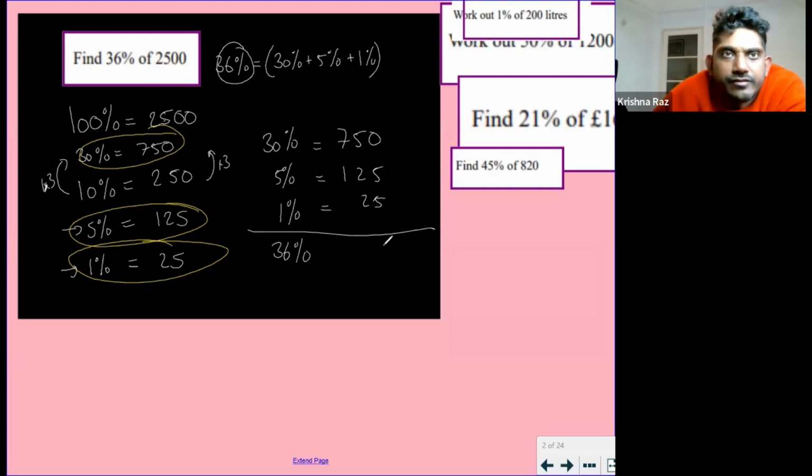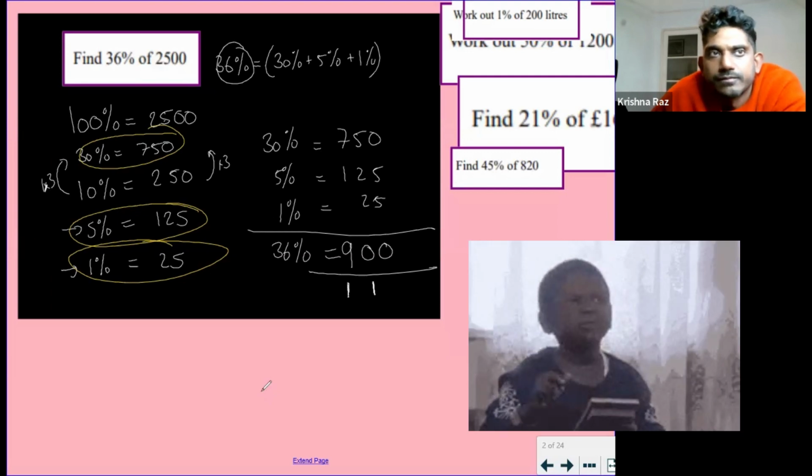So 0, 5, and 5 is 10. Carry the 1. Carried it in the wrong place. Let's carry it in the correct place. 5, 2, and 2 is 9. Plus 1 is 10. 7, 1, and 1 is 9. There you go. So 36% of 2,500 is 900.